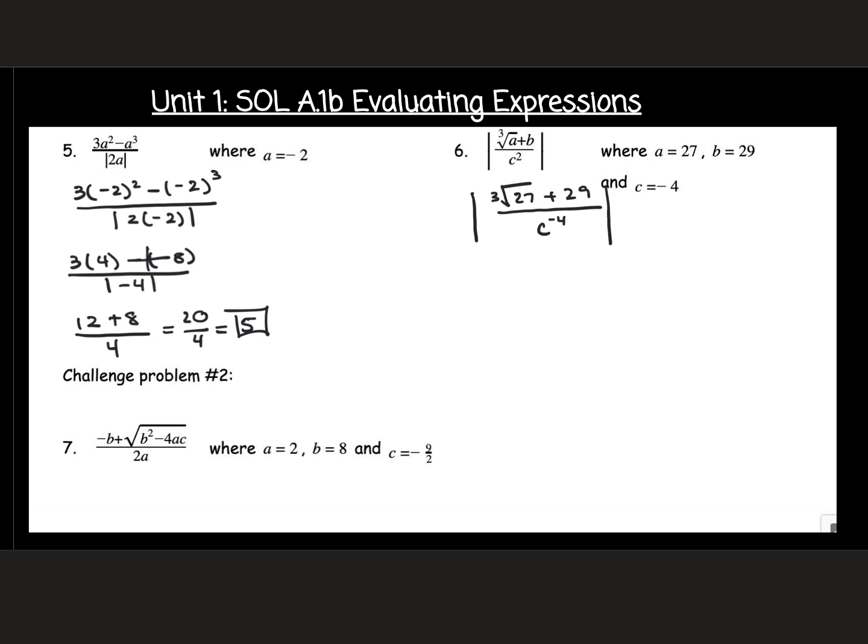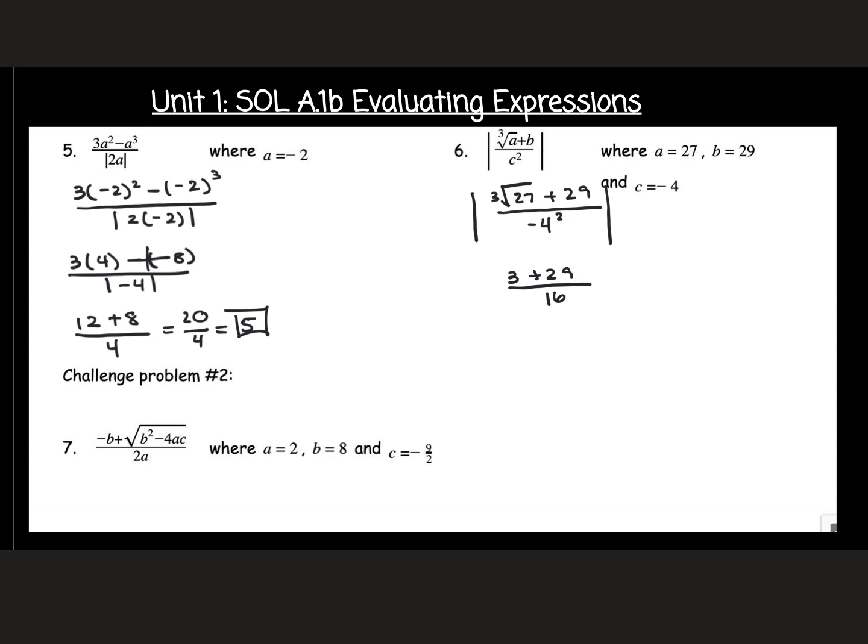We're going to take the cube root of 27, which is 3, plus 29. And instead of that saying c squared, that should say -4 squared. So we have negative 4 squared. That's negative 4 times negative 4, which is going to give me a positive 16.